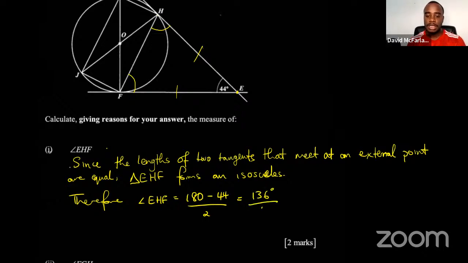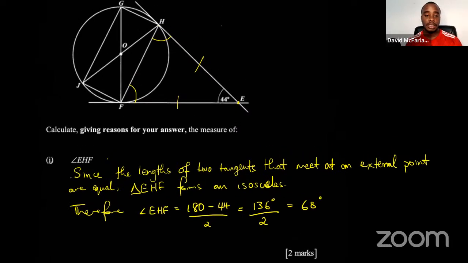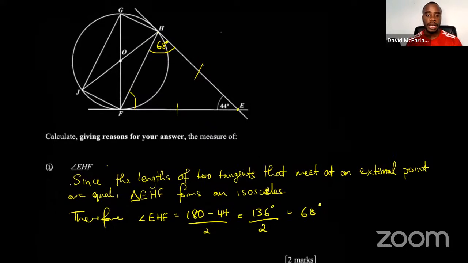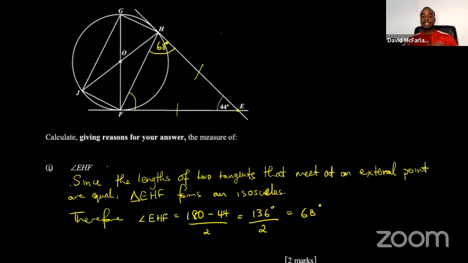And 136 divided by 2, it's not close to 140, it's not 70, so 68. 68 degrees. So angle EHF is 68 degrees. And we know that because of our theorem about the lengths of 2 tangents that meet at an external point. Okay.